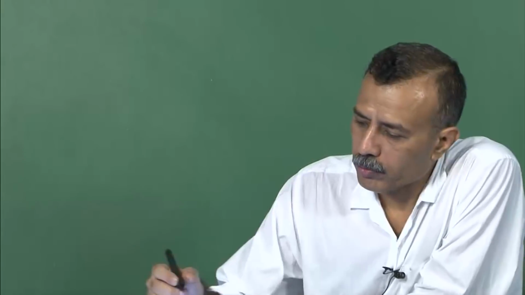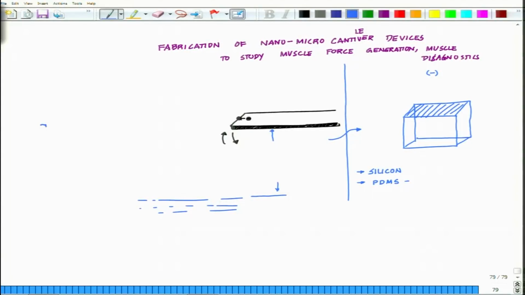Say for example, suppose I have a mask like this, an array of, suppose I want an array of cantilevers like this. Okay. Now I am shading the parts which are solid and the ones which are not solid.